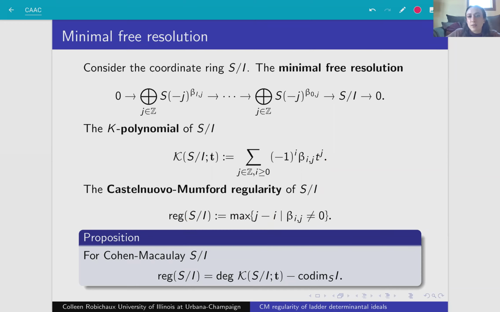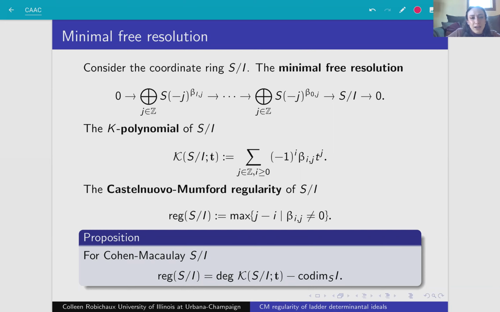What this tells us roughly is how complicated our coordinate ring is, because it gives you an idea of how complicated your minimal free resolution is. So if I want a rough idea of how complicated things are going to be with this coordinate ring, maybe I want an easy test for what this regularity is.